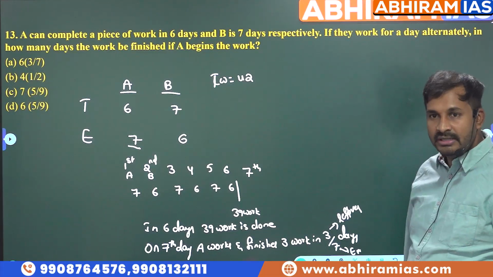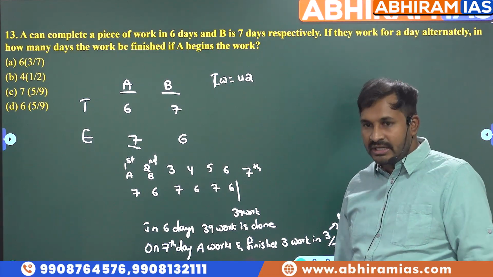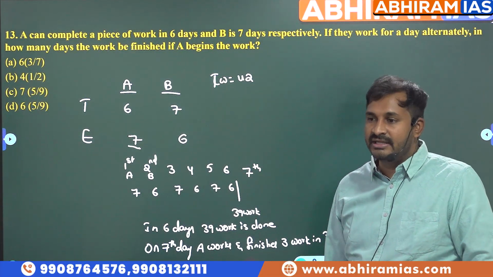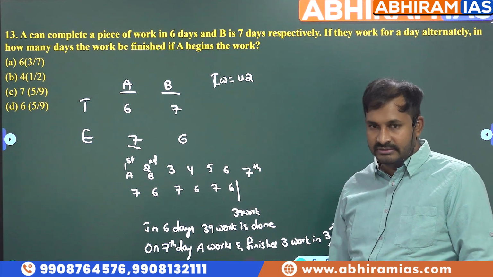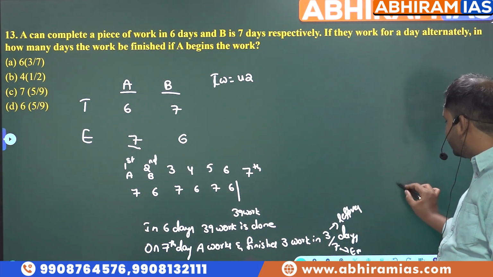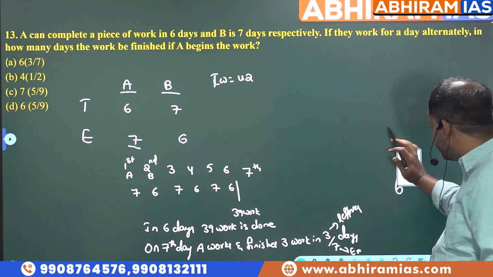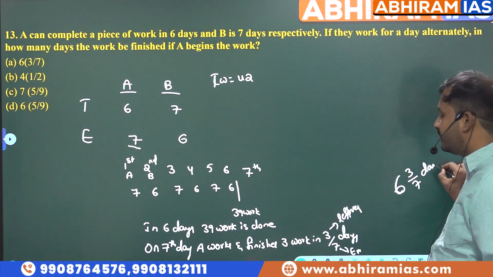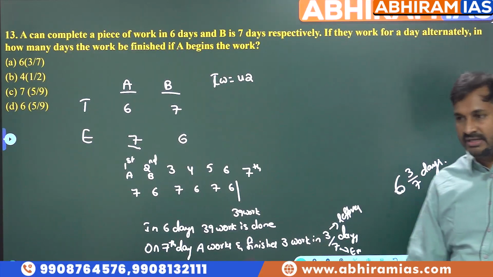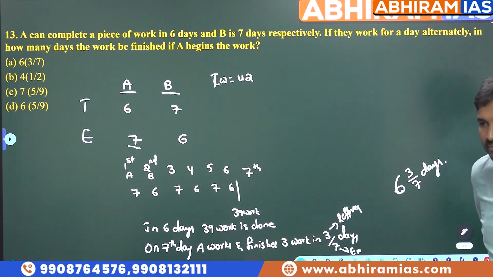For example, if leftover work is 5 and efficiency of A is 8, then what will you write? 5/8. Okay. So my work will be finished in 6 3/7 days. We don't need the whole 7th day, just 3/7 of the day is enough.